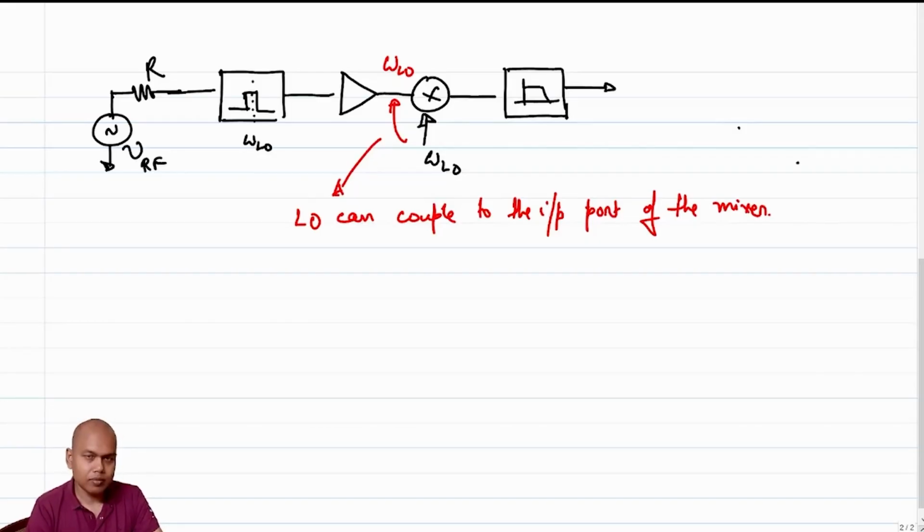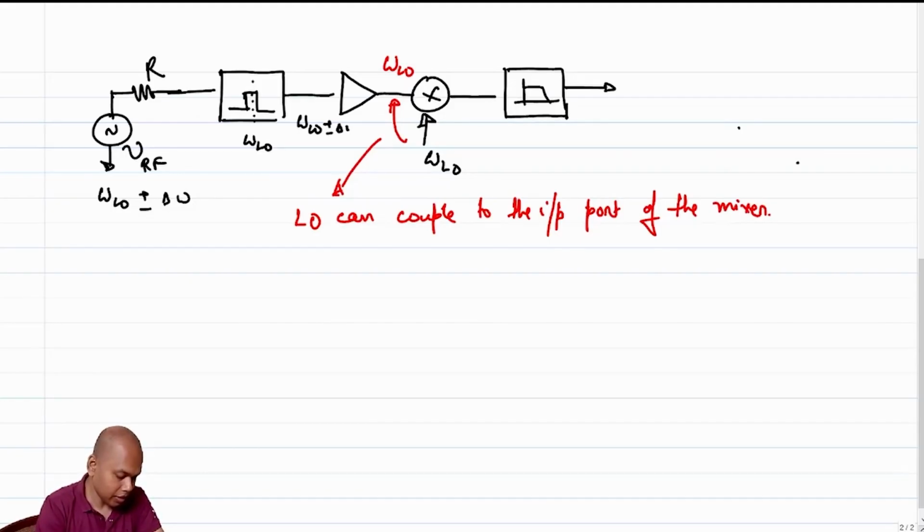Now what's the problem? Note that your signal is also around omega LO. Your signal VRF is also around omega LO plus minus delta omega, right? So this signal also comes into the input of the mixer.